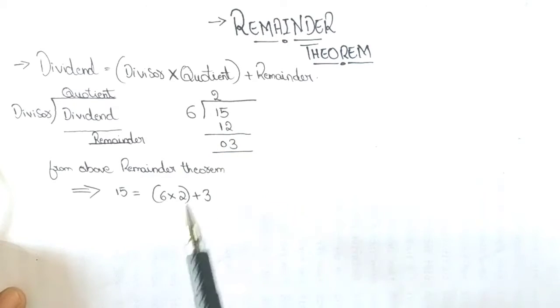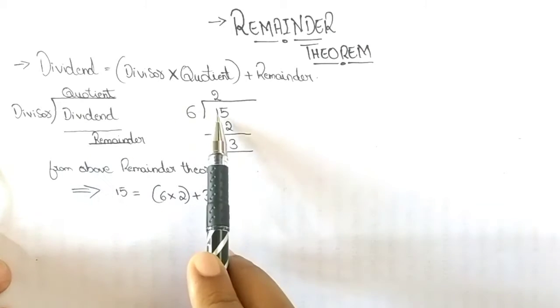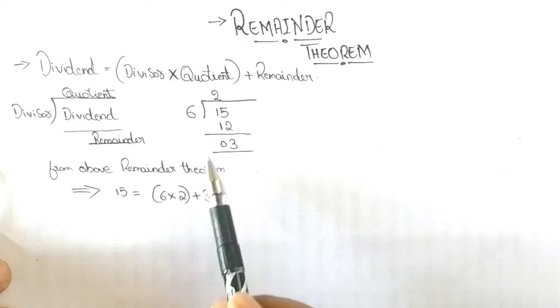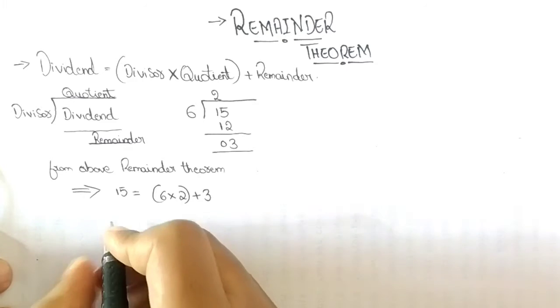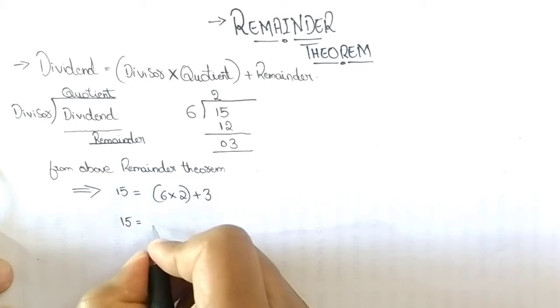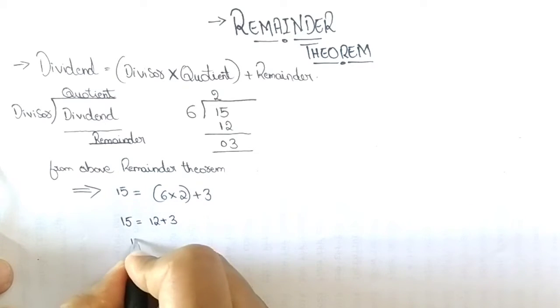We can also check this using the remainder theorem. 15 is the dividend, 15 is equal to divisor into quotient, 6 into 2 plus remainder. 15 is equal to 6 twos are 12 plus 3. Now 15 is equal to 15.